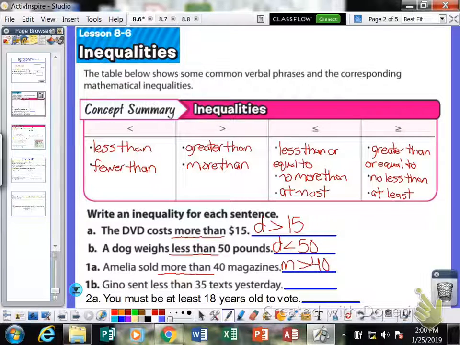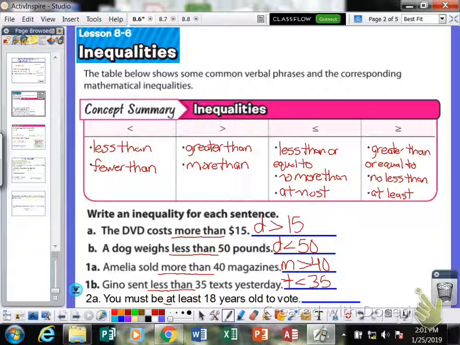Gino sent less than 35 texts yesterday. Less than tells us we're using our less than symbol. I'll use T as my variable. T is less than 35. And our last one here: you must be at least 18 years old to vote. Now be careful here.